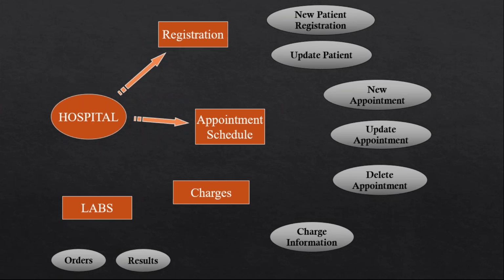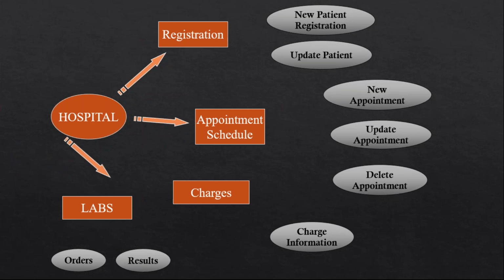Whenever there is any update to an existing appointment, it will be sent through an event called update appointment. And then we have delete appointment, which is nothing but canceling an appointment, and that will have a different event altogether. Each of these events is divided into sub-events further, and each has its own names, which we will look at in a while.